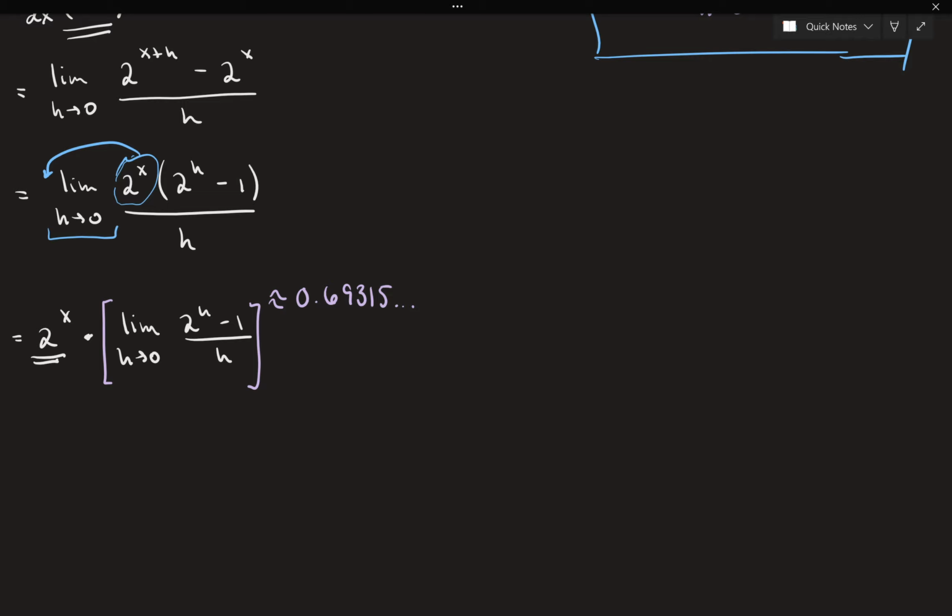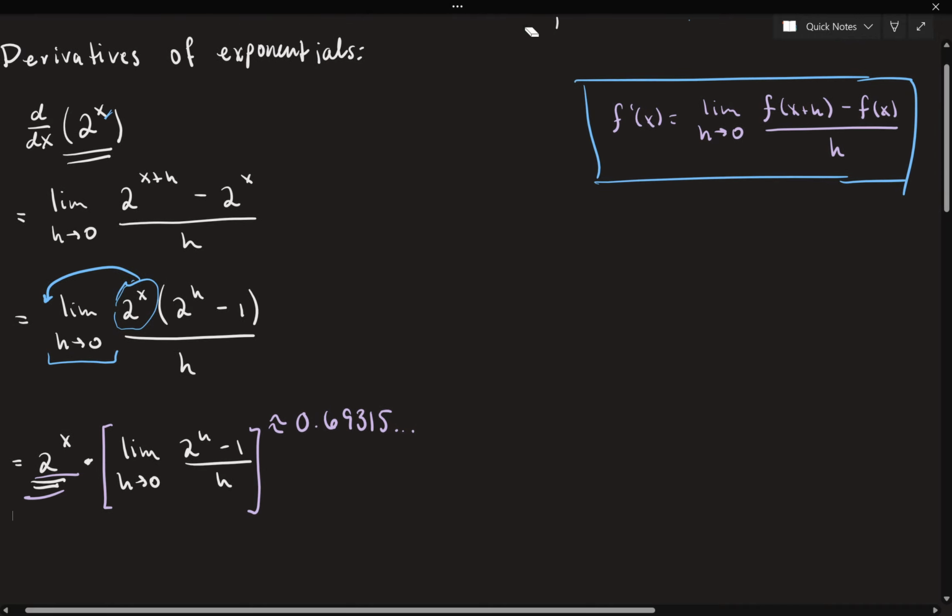And it may not be evaluatable in the sense that it might not be sine of something or cosine of something, or square root of something, or something nice I can write down. But it is something I can approximate with a decimal. Okay? I hope that idea makes sense to you. So that's the idea. So I got back my original function times some number. Interesting.